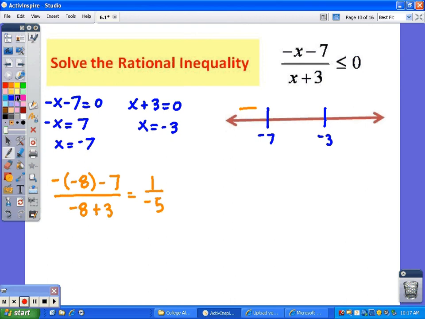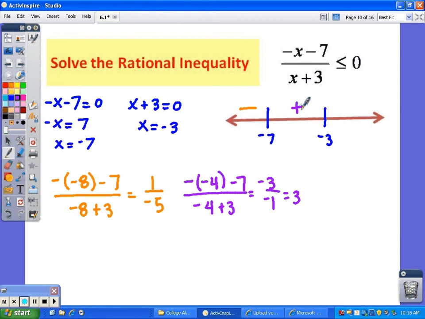In between -7 and -3, we could try -4. Again, watching your signs, negative and negative would make that 4 minus 7, which is negative 3. Negative 4 plus 3 is negative 1, which would give us a positive answer.